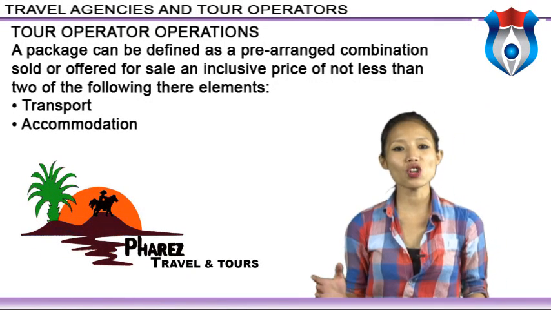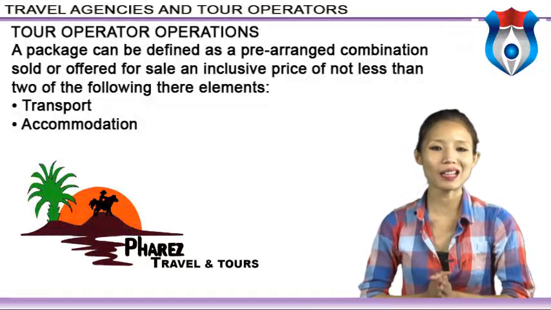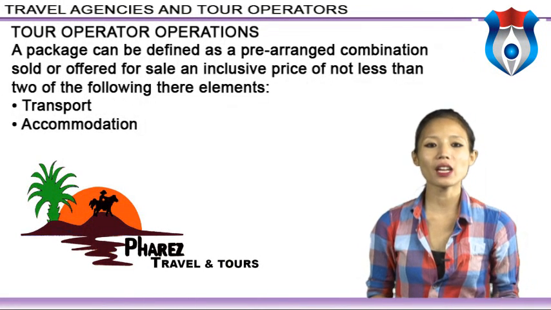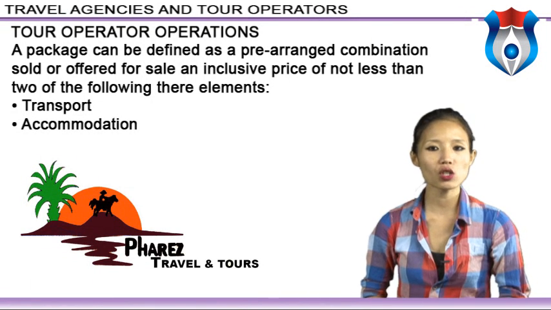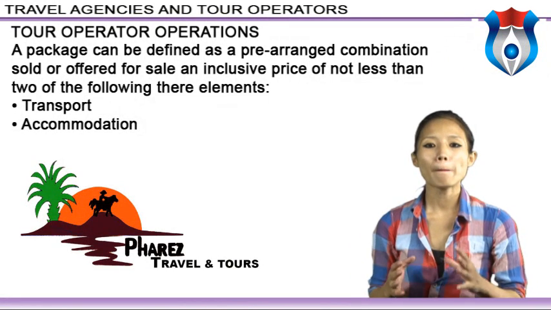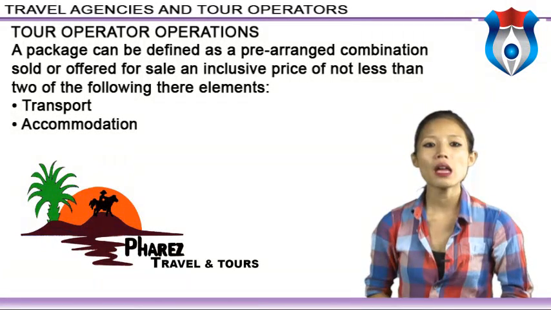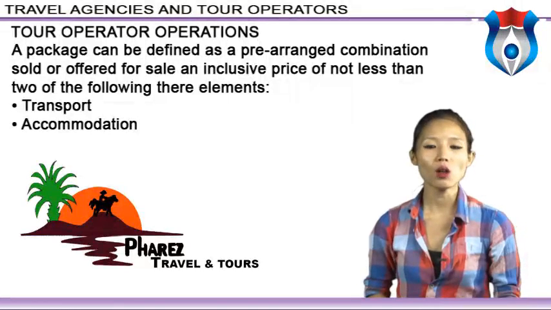The growth of the package has been a major cause of the increase in the holiday market since the 1950s. The role of the package company goes beyond that of the wholesaler in that they not only purchase or reserve the separate components in bulk, but combine them into an inclusive tour. They also become producers in the holiday market.